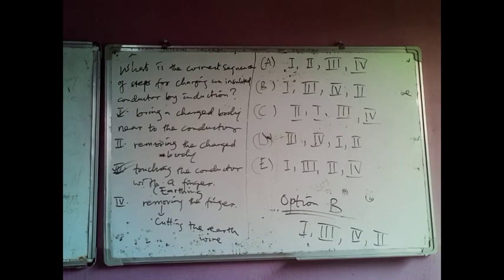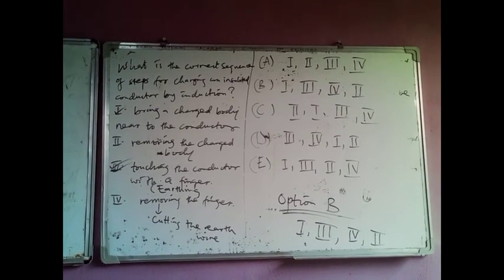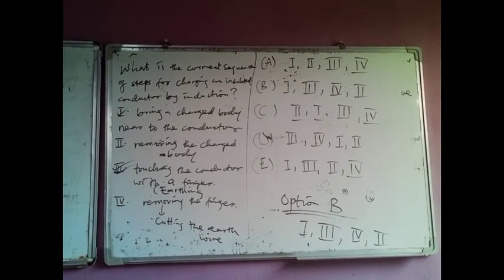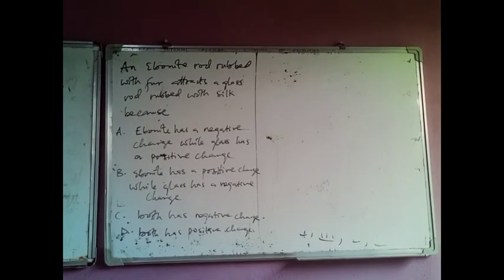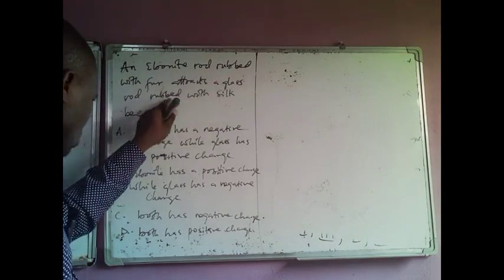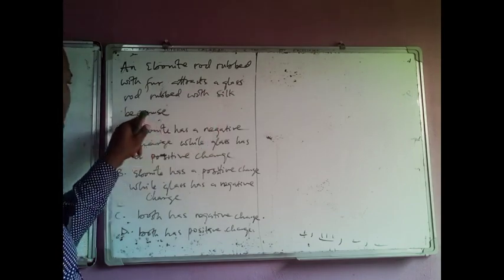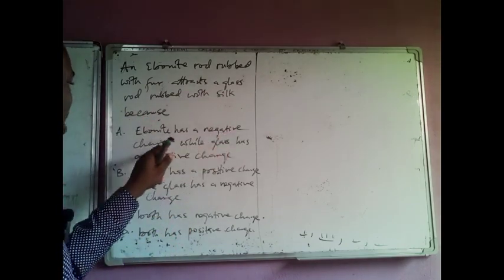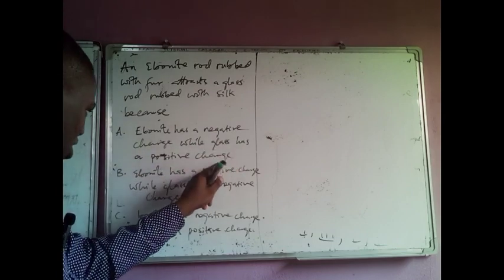That's the correct step. One more question. All right, to conclude this, look at this question. An ebonite rod rubbed with fur attracts a glass rod rubbed with silk because: A, ebonite has a negative charge while glass has a positive charge.